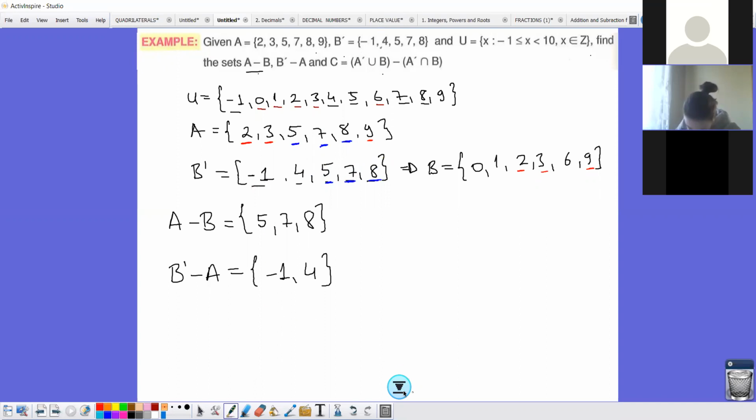And now we need to find this one. So firstly, let's find A prime union B. What is A prime? If A is this one, A prime will be -1, 0, 1, 4, and 6.